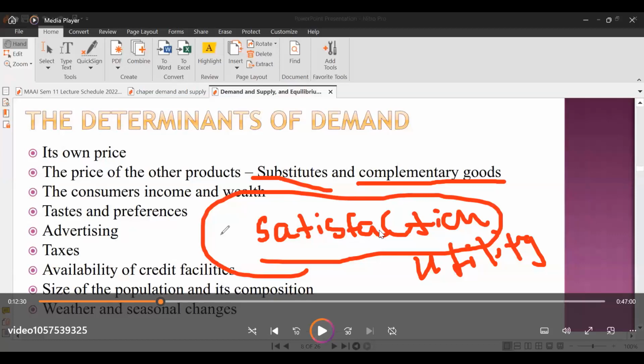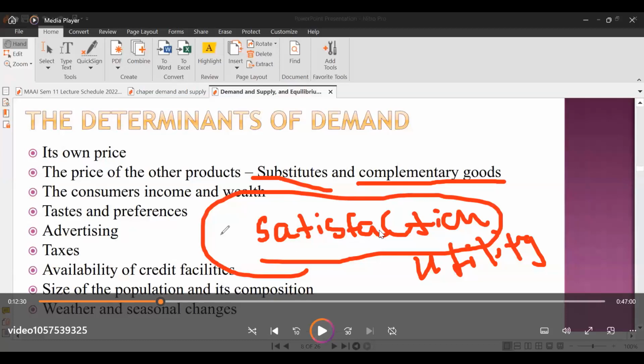So other than the price, actually there are so many factors that impact. If there are some similar types of products, we look into the prices of those products also, right? Say for example, if you want to purchase a vehicle, normally you look for different types of vehicles.